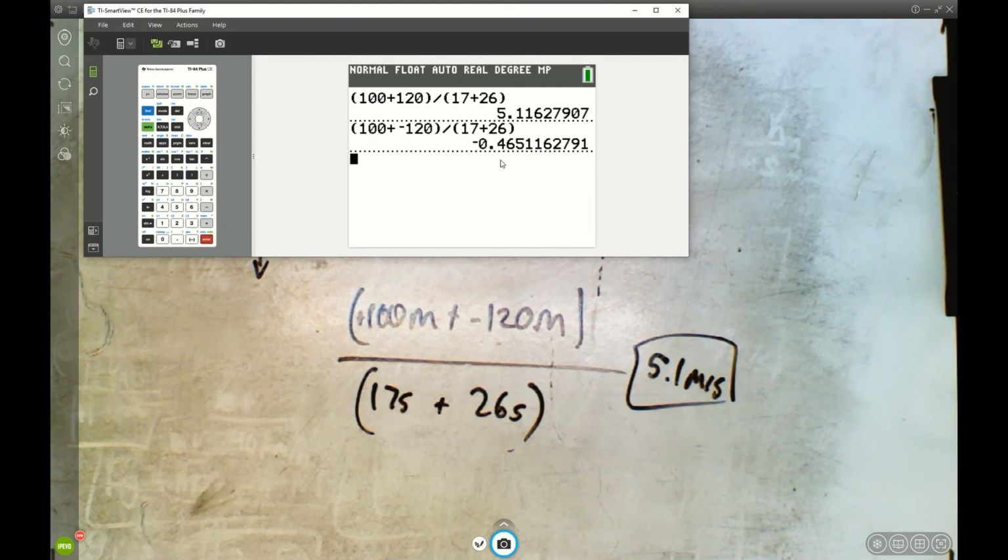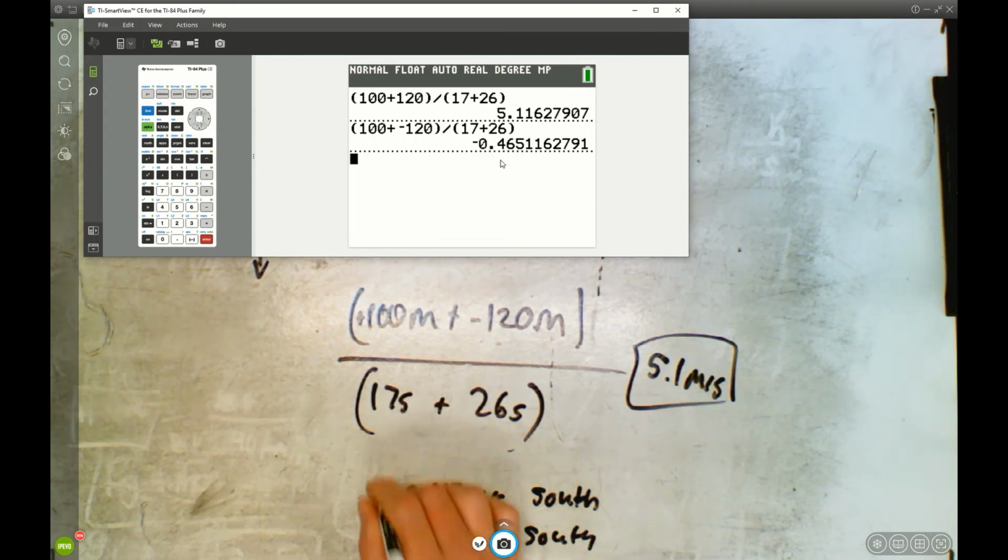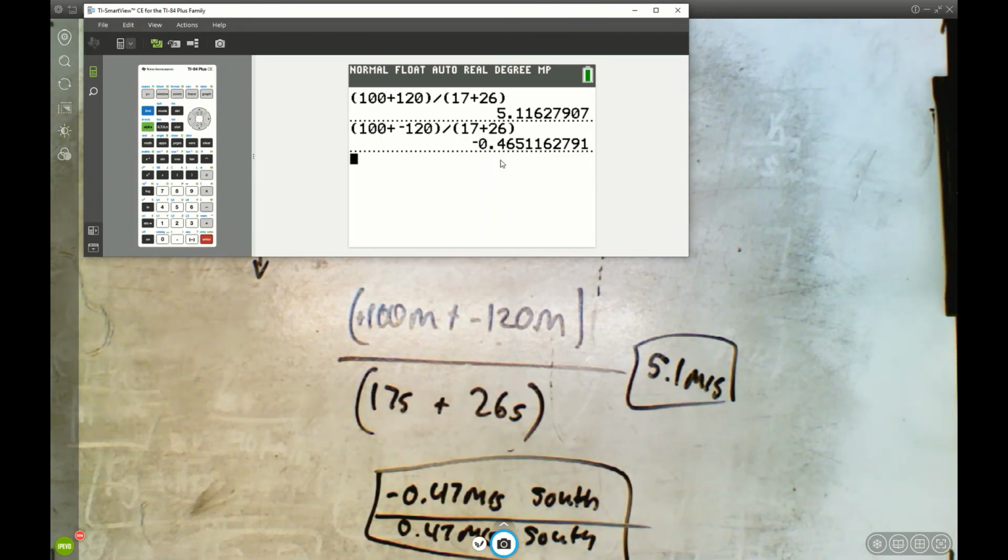And that's our answer: we get negative 0.47 meters per second, and we have to put south. If you don't want to put the negative in there, you can also put 0.47 meters per second south. Both are correct. Either answer is fine. If you put the negative or don't put the negative, it doesn't matter to me.